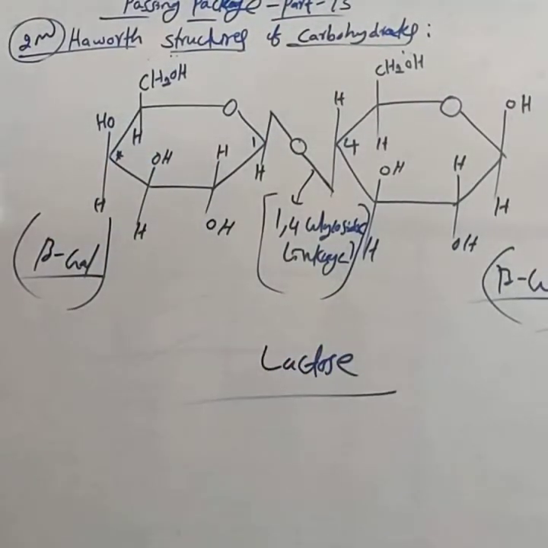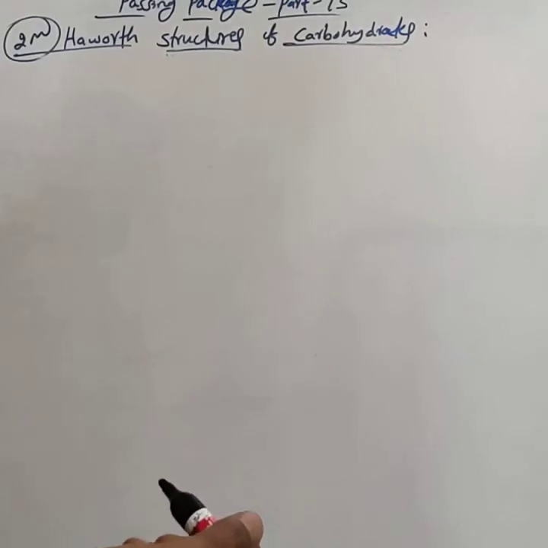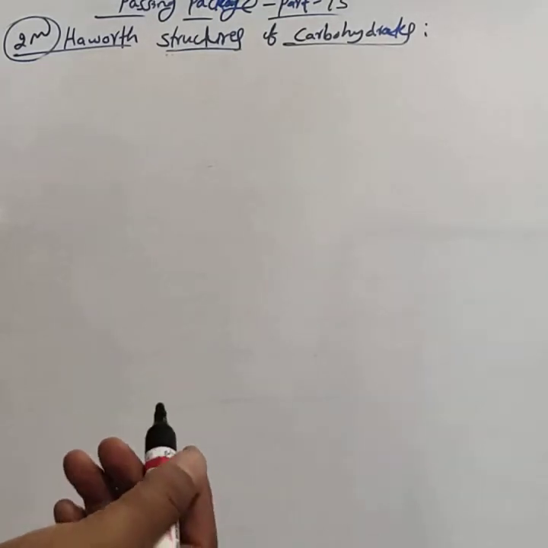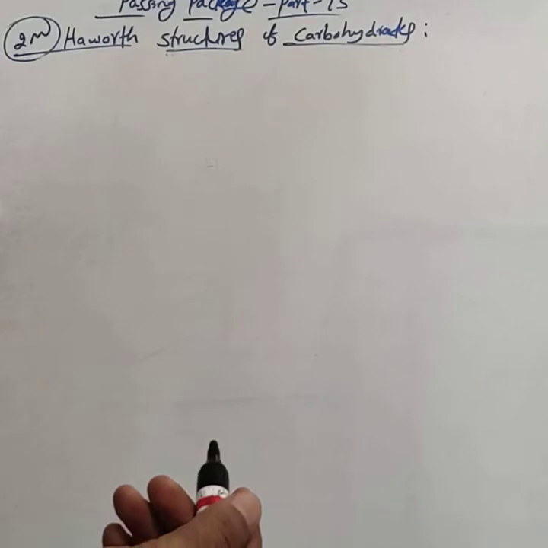Next, the last one is the Haworth structure of sucrose. That is cane sugar, invert sugar, sucrose. Consider our structure of sucrose. Sucrose is also called cane sugar or invert sugar. Sucrose is made up of alpha glucose and beta fructose.